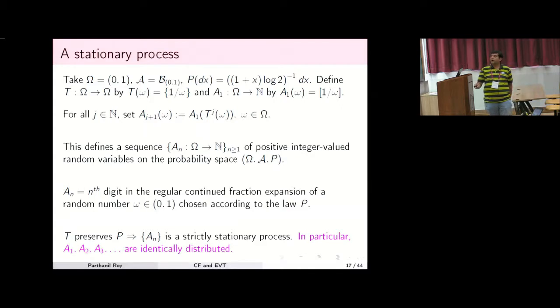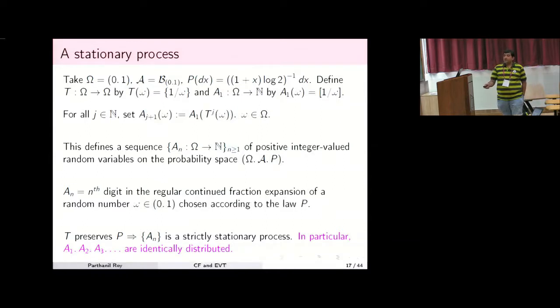Therefore, if you start from Gauss measure, this sequence is going to be ergodic, obviously. In fact, we will use the fact that it's exponentially mixing. You're talking about exponential ergodicity; I'm going to talk about exponential mixing. You need a bit more in the proof.